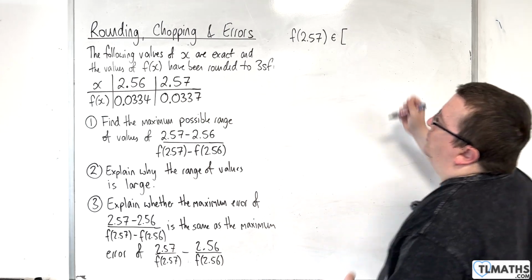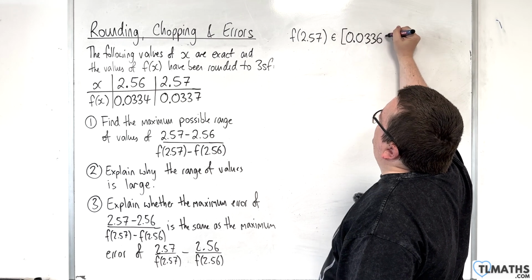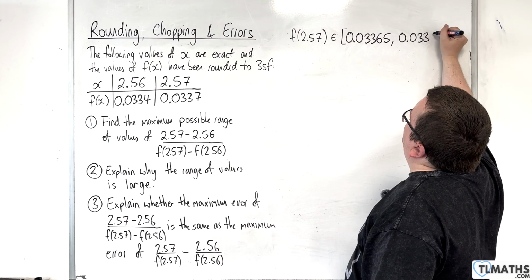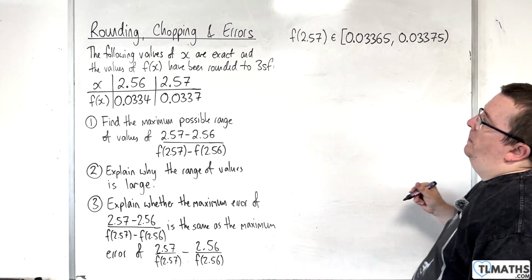So the lowest that could possibly be is 0.03365, and the largest it could be is 0.03375. So inclusive, not inclusive.